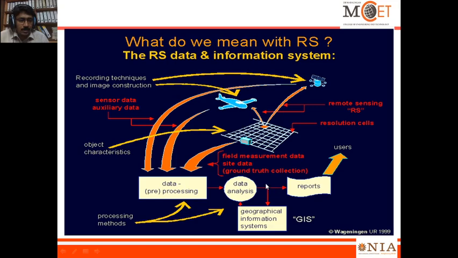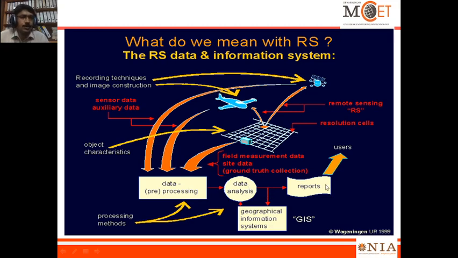The report can be generated based on the involvement of the Geographic Information System, that is GIS. There are various processing methods available. Based on the requirement, the processing method is chosen and the data gets analyzed, and the Geographic Information System also supports the data analysis.